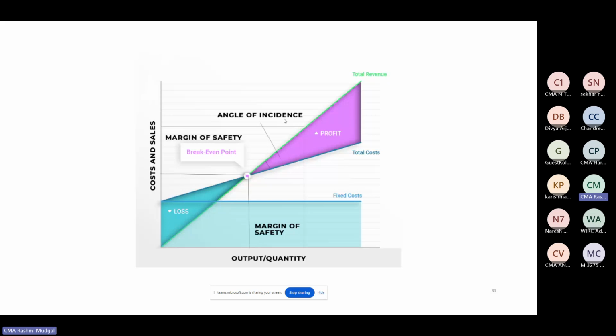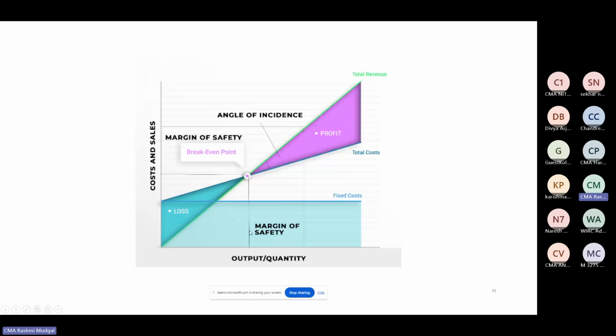And if I reach the break-even point at a higher place, it means my price is low, or there could be a possibility my cost is up. So I can change my prices here, and I can change my cost here to improve my break-even point.